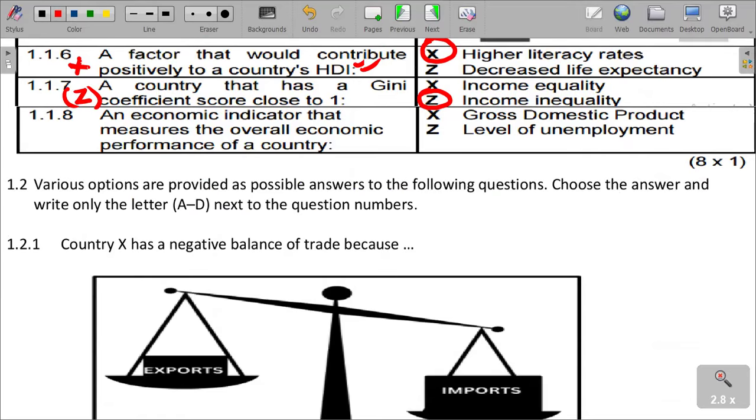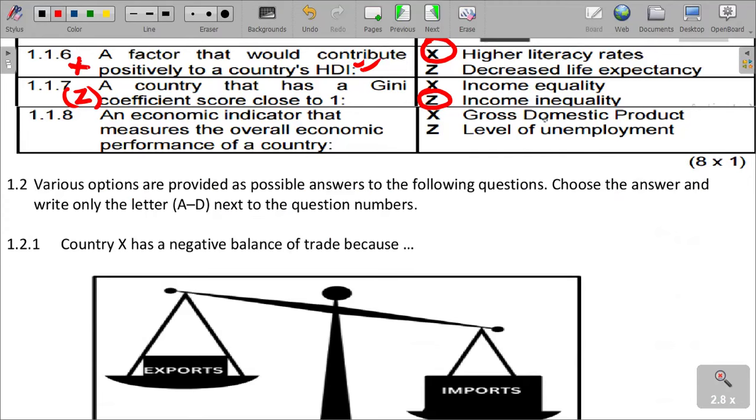And then, an economic indicator that measures the overall economic performance of a country can be measured through what? Gross domestic product. Gross domestic product, we are talking about the total production a country has managed to produce within its borders over a period of a year.